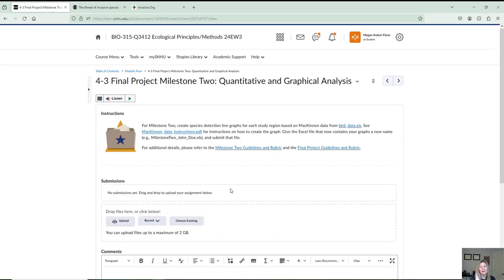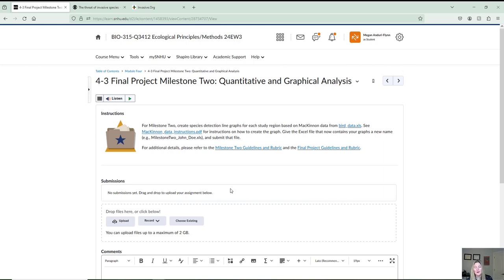And then the last thing is this Milestone 2 project. So Milestone 2, in Milestone 1, we wrote the title, introduction, and method section of our project. And so the remainder of our project is the results section, the discussion section, and the literature cited or reference section.